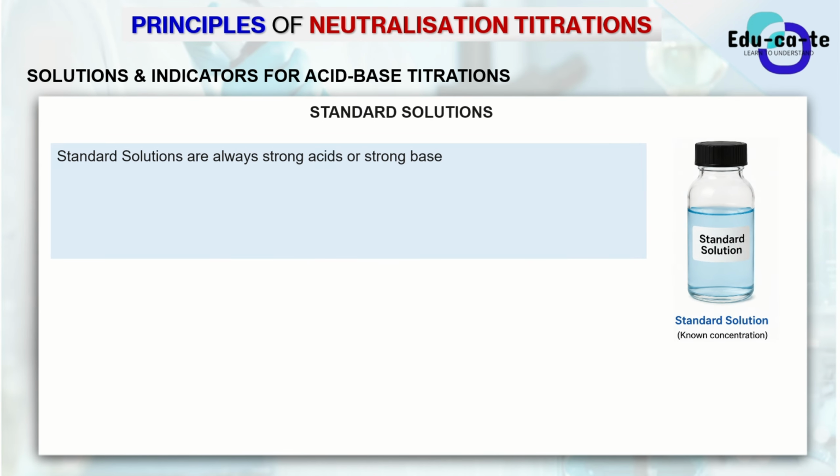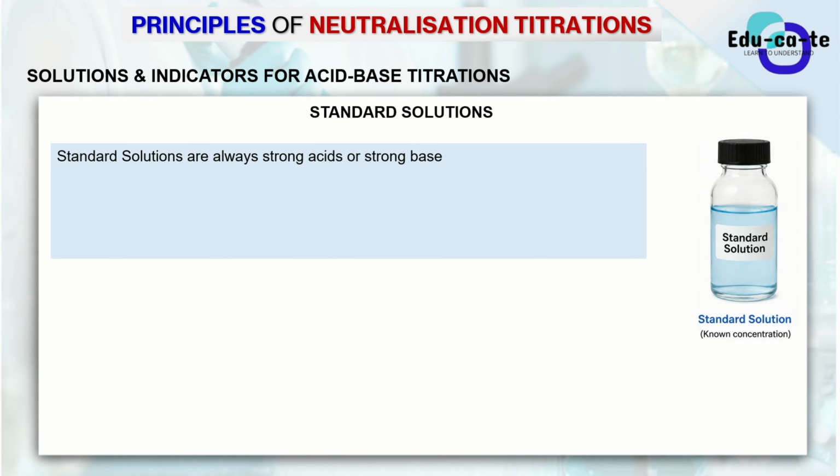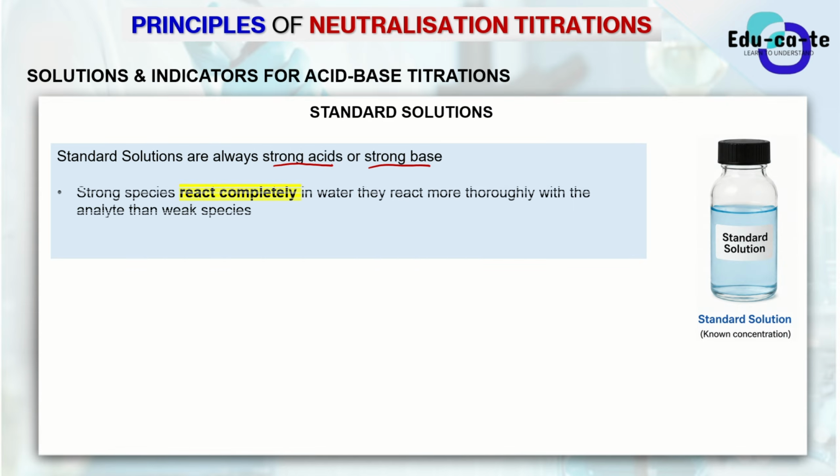So now let's look at the standard solution and its specifications. The standard solutions are always strong acids or strong bases. We do not use weak acids and weak bases for making our standard solutions. Why is that?